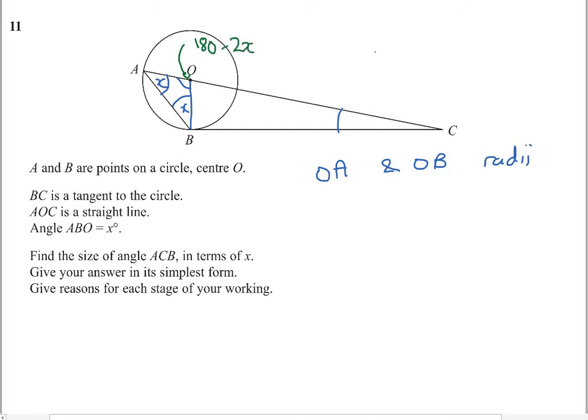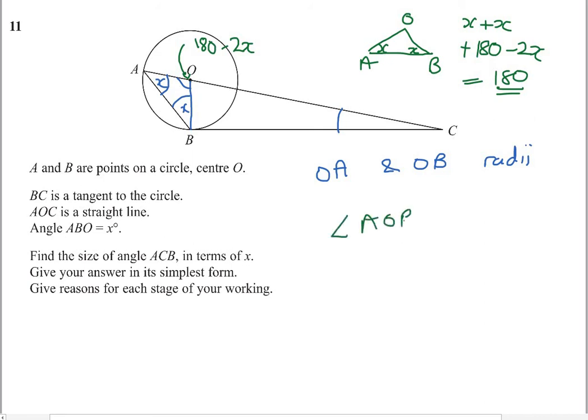Because we have this triangle here, A, B, O. This is x, and x plus 180 minus 2x equals 180. We know that angles in triangles have to add to 180. So that's our angle AOB. Maybe I'll write that in. Angle AOB equals 180 minus 2x. Remember, this symbol just means angle.